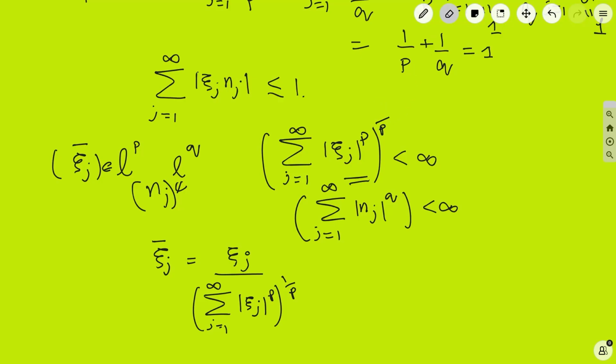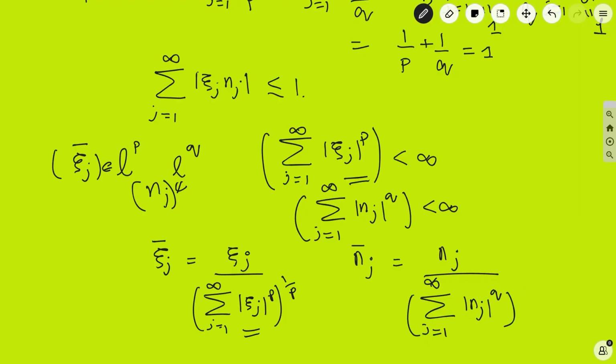I'm basically normalizing it: you take the jth term and divide by this term. The same thing for the other sequence: divide by summation j from 1 to infinity of eta j to the power q, the whole raised to 1 by q.